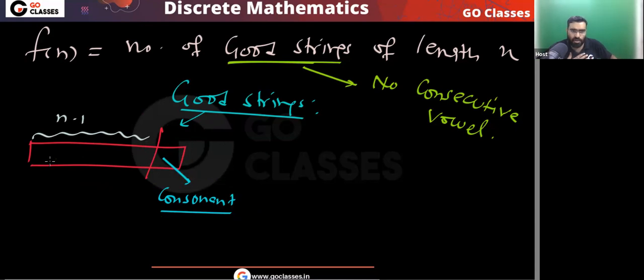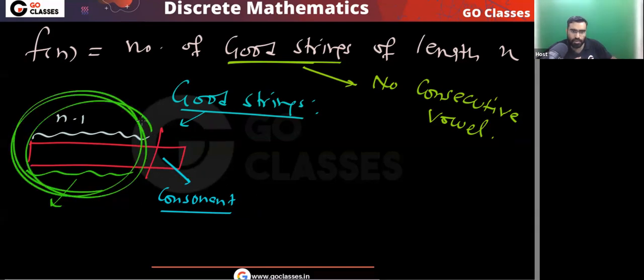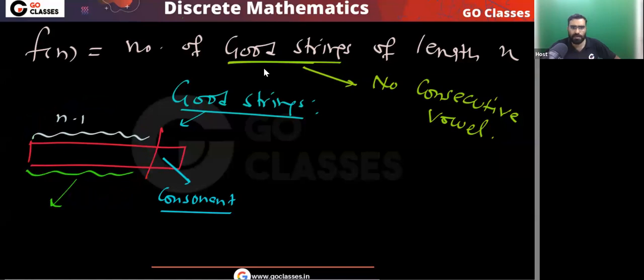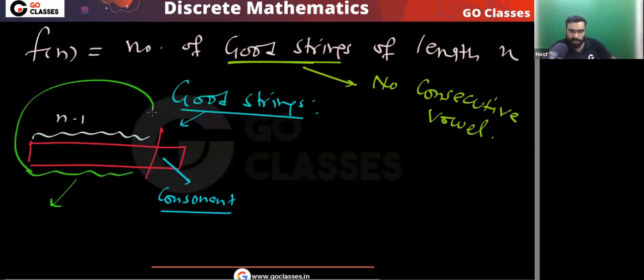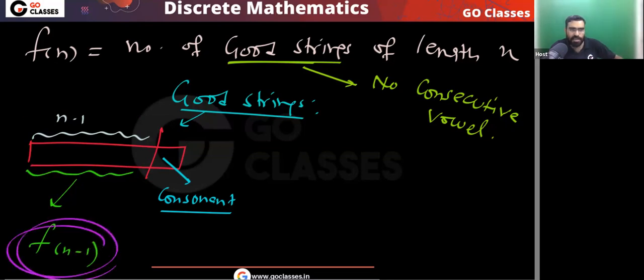I need to make sure that this part is also good. In this part, there is no consecutive vowel. Very simple. I need to make sure this n-1 length part is a good string. So I will count fn-1, meaning good strings of length n-1.